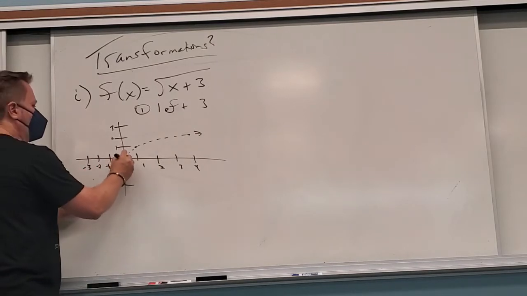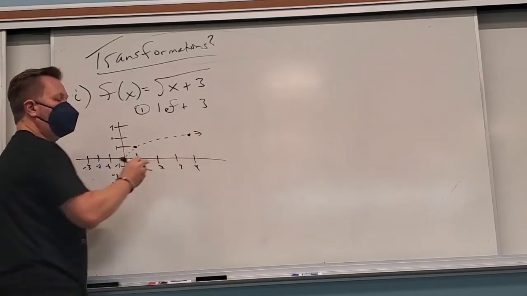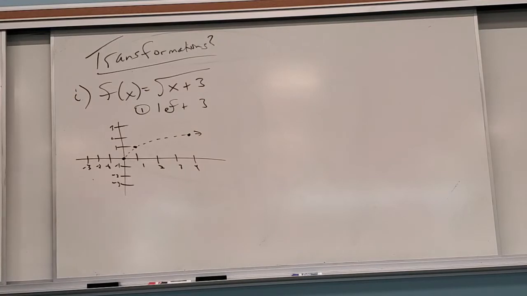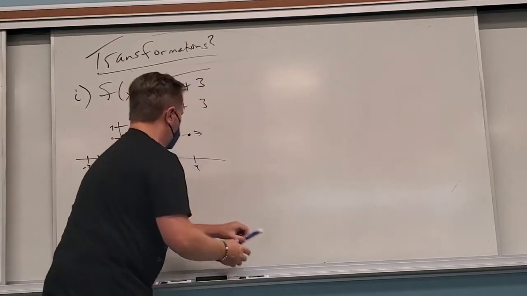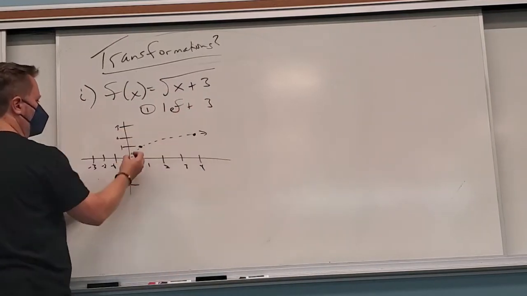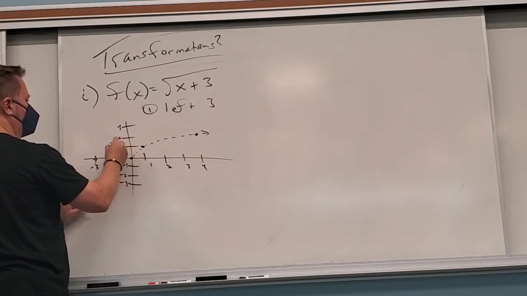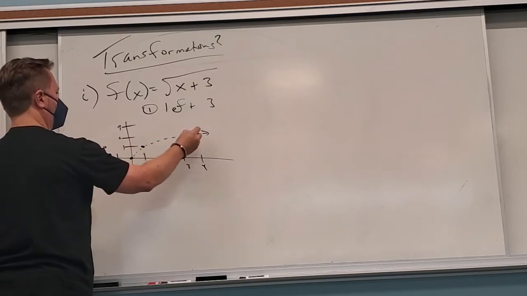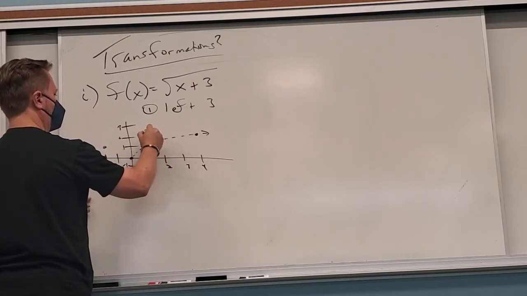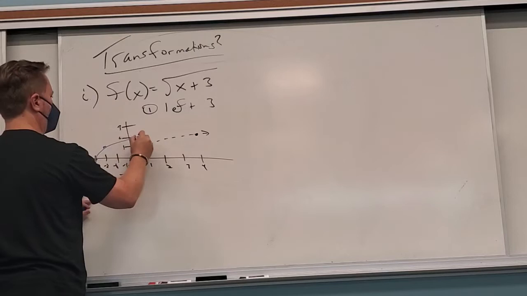Then I just take each anchor point and move it. How does each point move? Left 3. So this point goes 1, 2, 3. This point goes 1, 2, 3. This point goes 1, 2, 3. And then I redraw the shape.